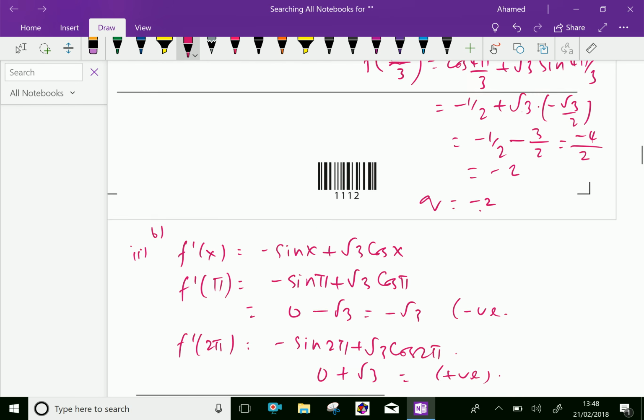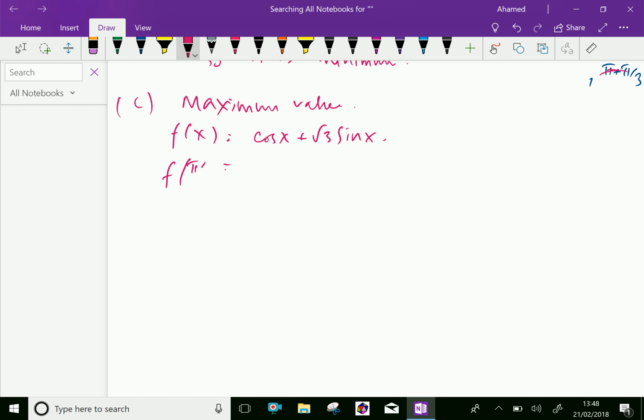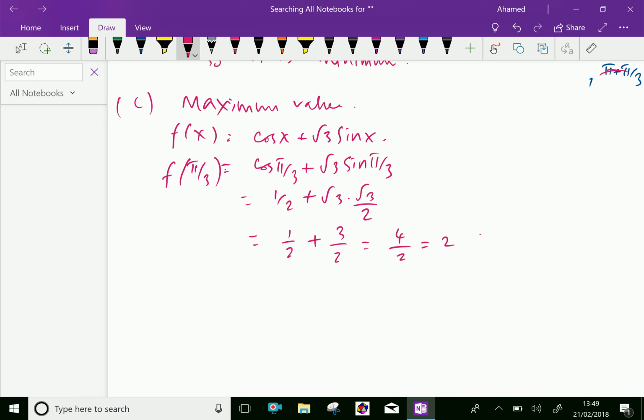So we put the π/3 value here: cos of π/3 plus root 3 sin of π/3. Cos π/3 is half, plus root 3 into sin π/3, which is root 3 by 2, gives half plus root 3 into root 3 is 3 by 2, which is 4 by 2 equals 2. Therefore the maximum value of the graph is 2.